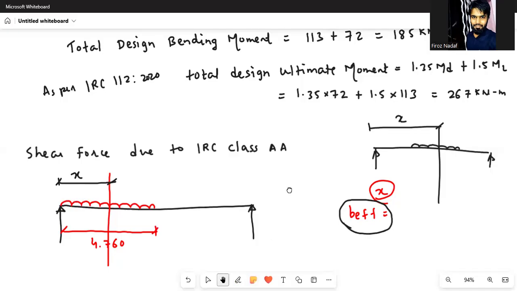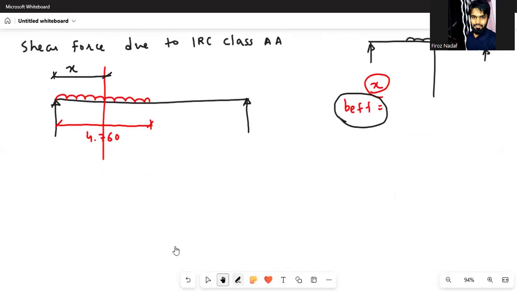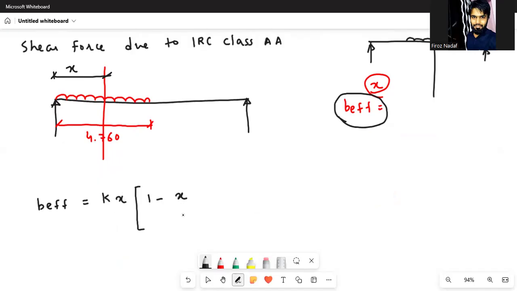So again, we need to invoke that formula, B effective equal to K into X into 1 minus X by L, plus BW. K will remain same, BW will also remain same, only X will change.